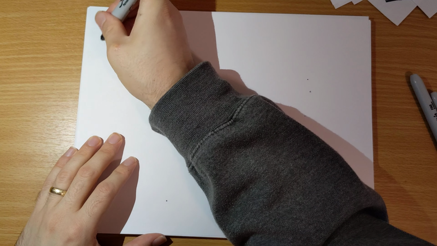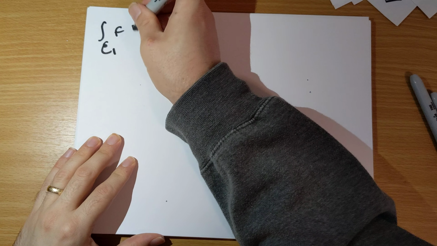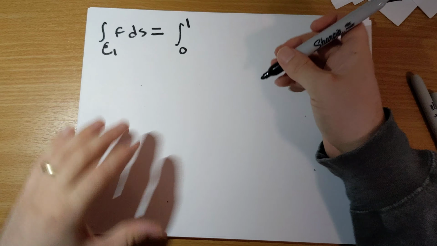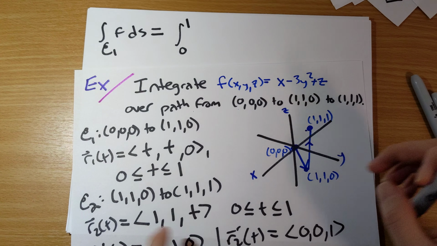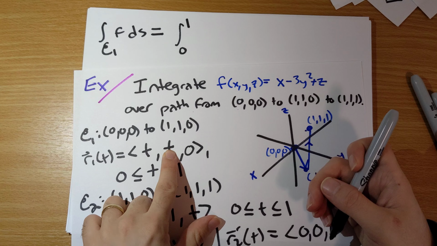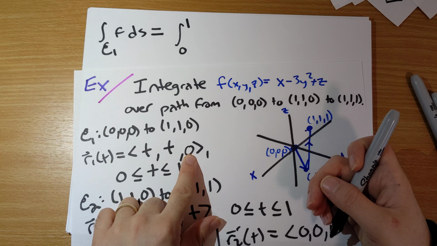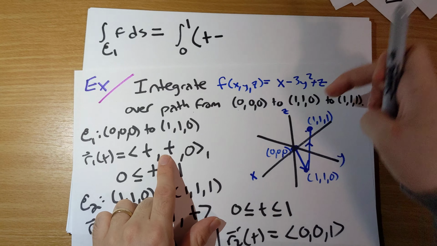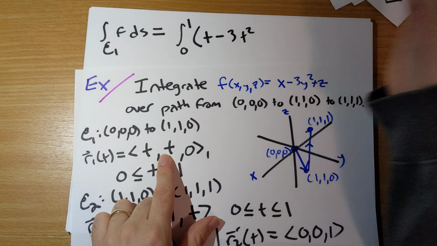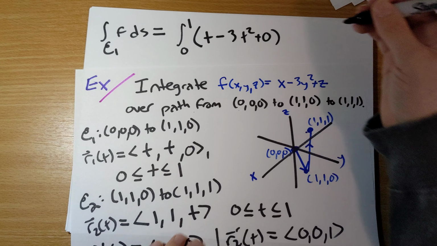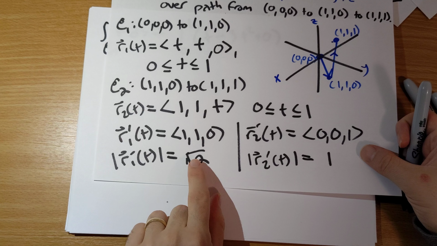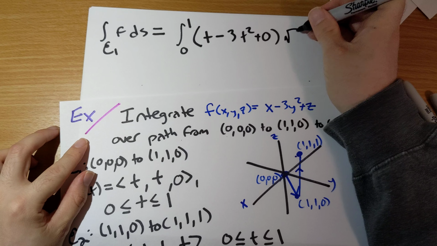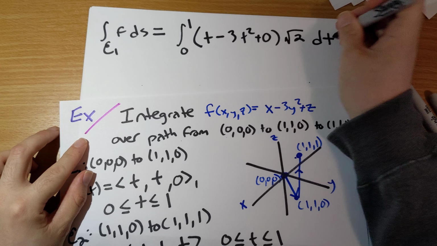And so then our scalar line integral, the integral over C1 of f ds, is going to be an integral from 0 to 1. We need to substitute in x and y both t, z is 0. So that would be t minus 3t squared plus 0. And then we need to throw in the factor of the magnitude of the derivative of our parametrization, square root 2 dt.